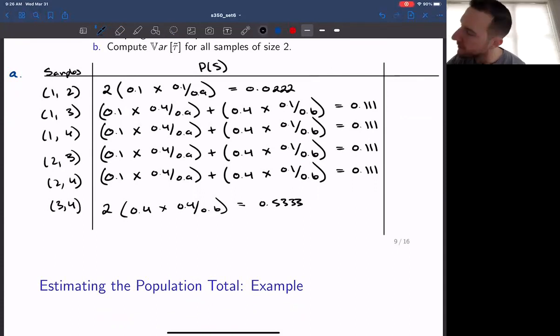Okay. Any questions about the probabilities?